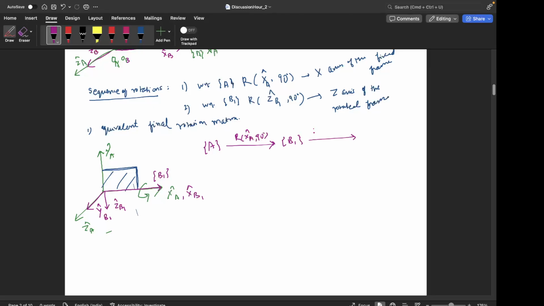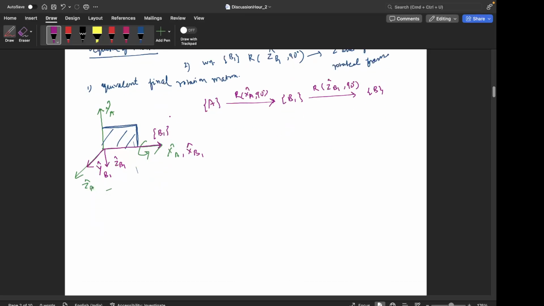Then we have another rotation about Z B1, and that is 90 degrees, and that is frame B that we want to describe, right? So after the first rotation, the scenario looks something like this. Okay. Now I will also draw the second rotation.